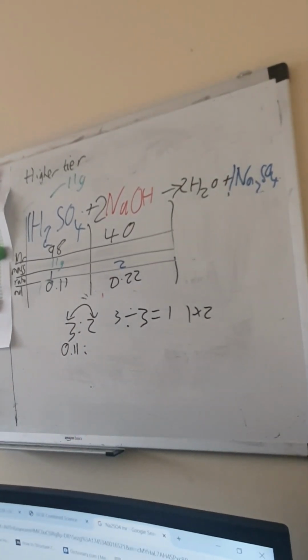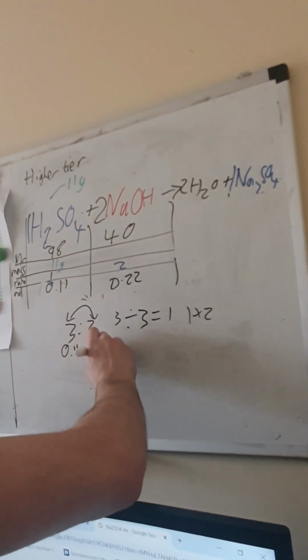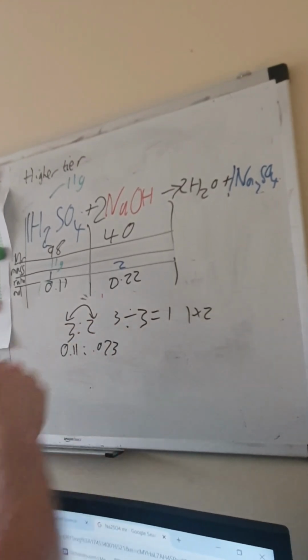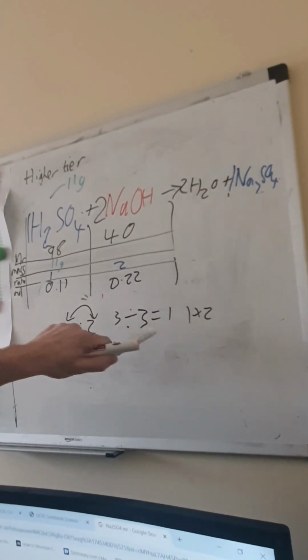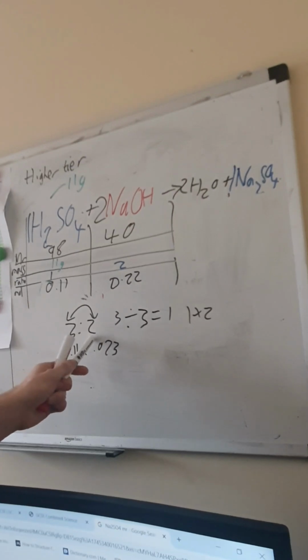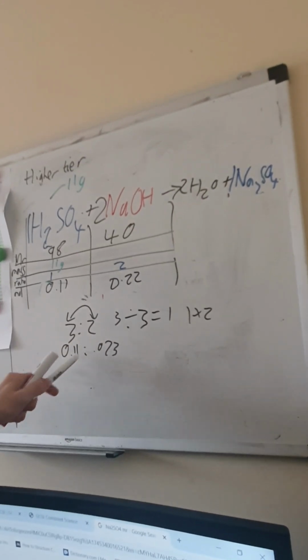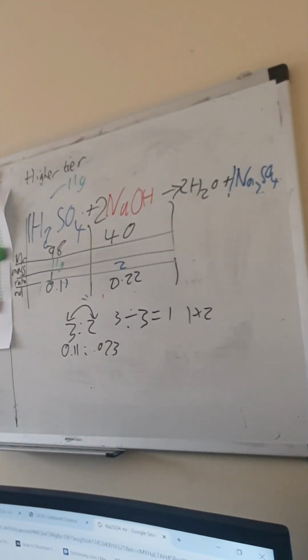So 0.11 divided by 3 is 0.036 and times by 2, and you get to 0.073. So what you're going to do is divide it until it gets to 1, so divide it by itself and it gets to 1, and then multiply it by whatever it is to get to the second number. So 0.11 divided by 3, and then multiplied by 2. Okay? And that's how you figure out the ratios.